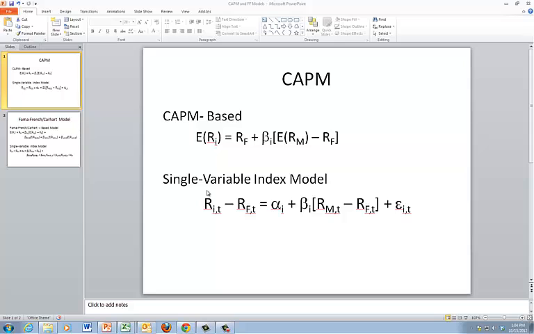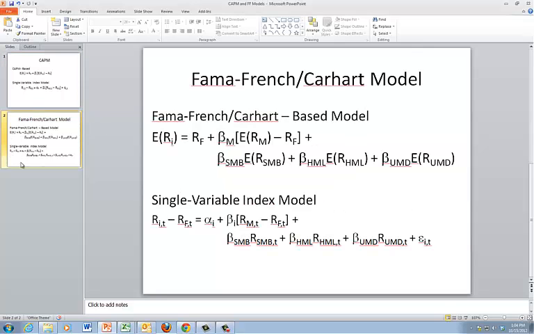So the multi-factor models are an attempt to incorporate more risk factors than simply systematic risk. The most famous of the multi-factor index models would be the Carhart and Fama-French four-factor model.